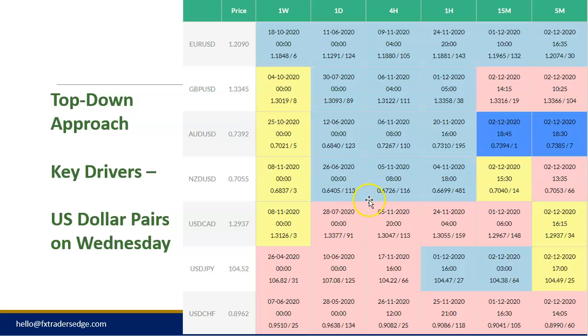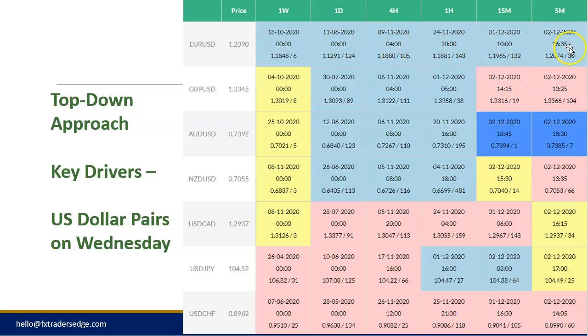Let's look at the scanner. This is a screenshot of the US dollar pairs taken yesterday on Wednesday. Today's Thursday. And this is how we use the scanner. It's a trend heat map from the weekly down to the 5-minute. Blue means it's a bullish trend. Red means it's a bearish trend. We use the 5-minute to find trend changes when all of the boxes are blue or red.